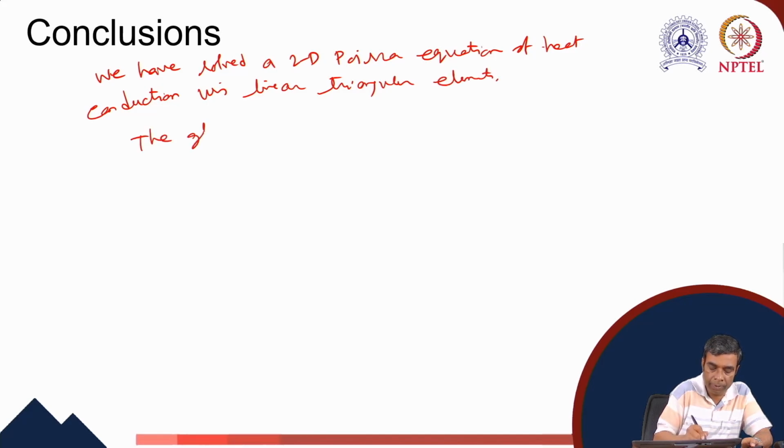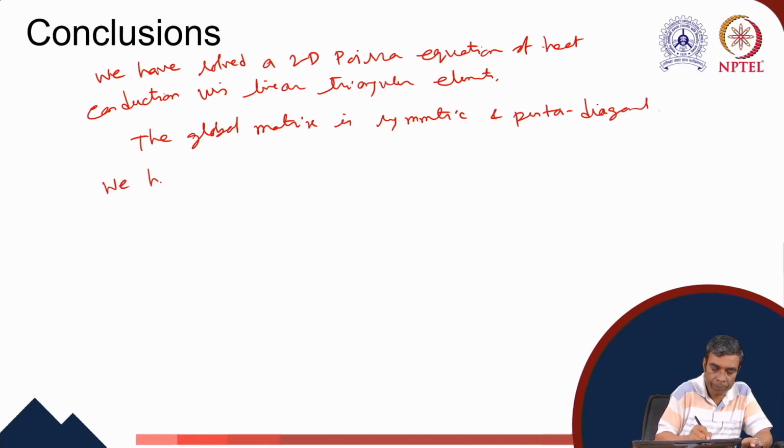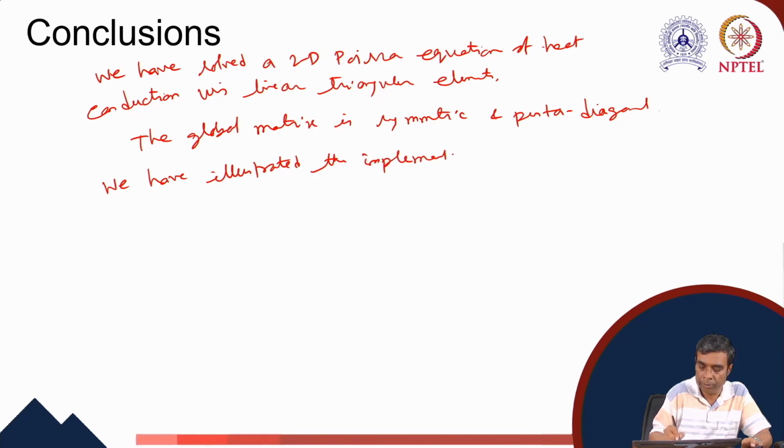The global matrix is symmetric and pentadiagonal. We have illustrated the implementation of essential boundary conditions in this regard.